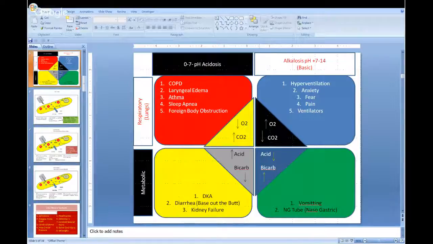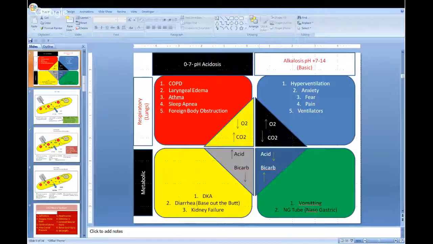If we take CO2 as low, let's say 22. Yes. So let me help you out then. I've got a patient who is in alkalosis, their pH is 7.50, right?